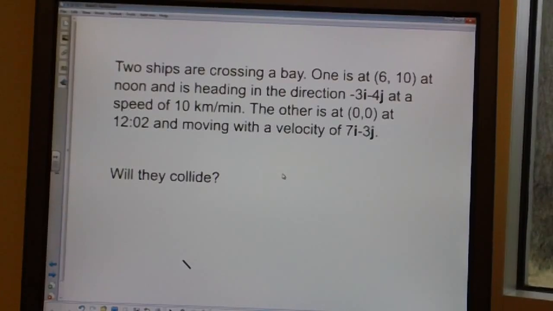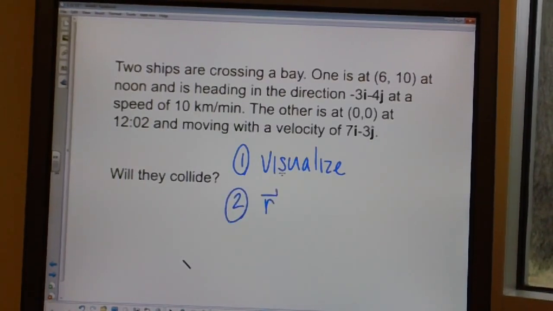Steps to solve this problem. The first thing we're going to do is visualize this problem using a graph. The second thing we're going to do is write vector equations for each ship, ship A and ship B, that give their position vector relative to the origin as a function of time.